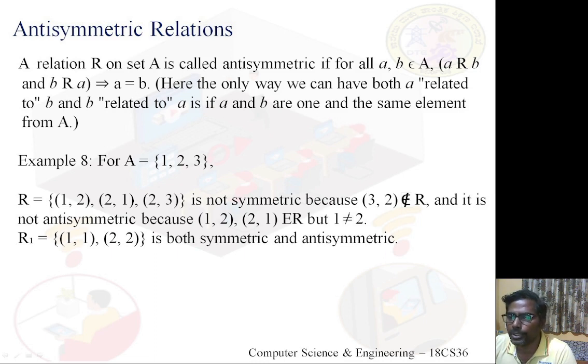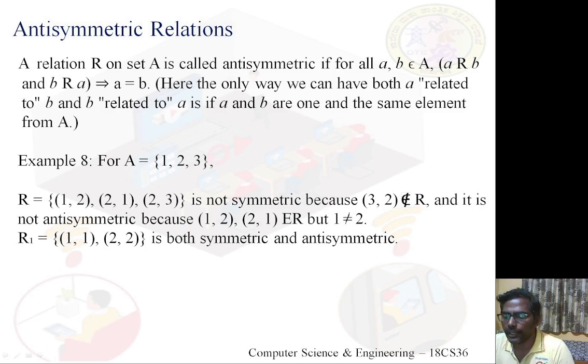I repeat, a relation R on A is said to be antisymmetric if for all a, b that belong to A, if a is related to b and b is related to a, then a should be equal to b.